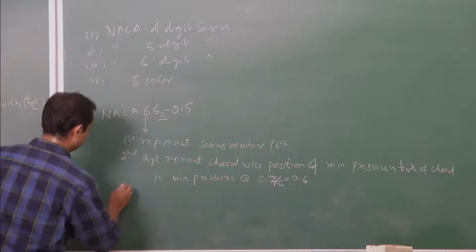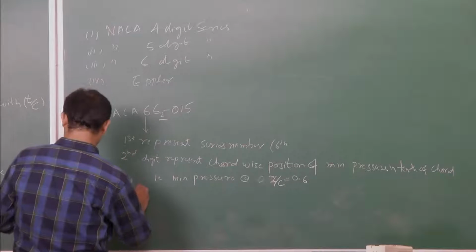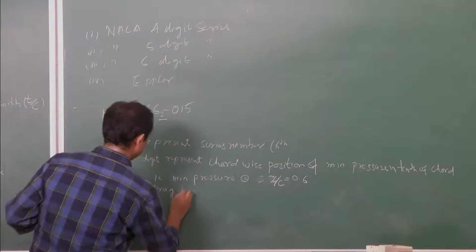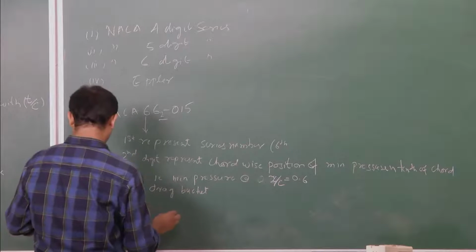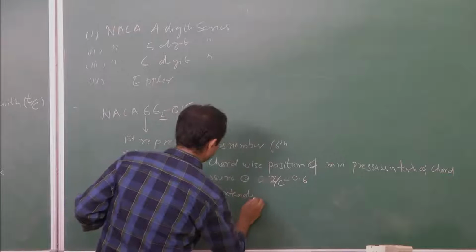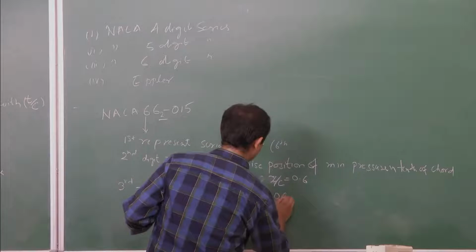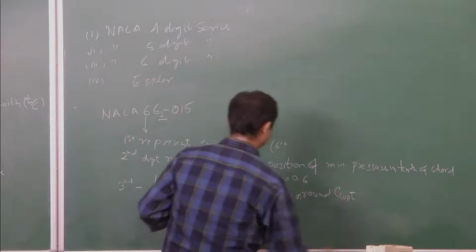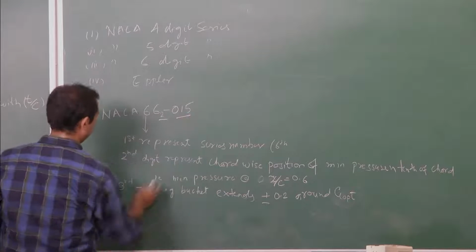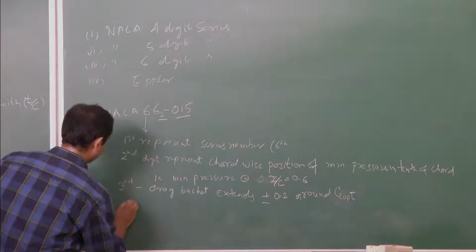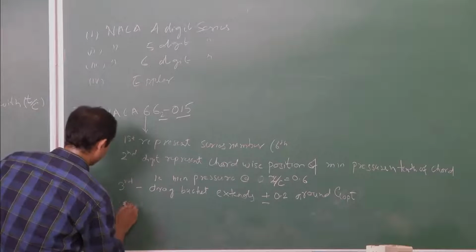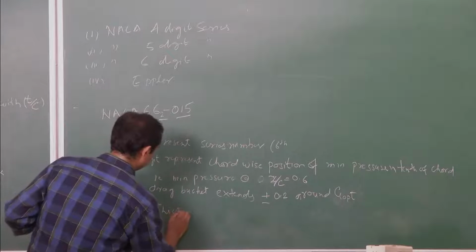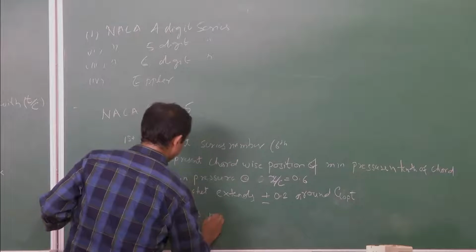Now this small 2, this third digit, represents that your drag bucket extends plus minus 0.2 around CL optimum, and the last digits, 15, this fourth, fifth and sixth, represent your thickness, which is 15%.